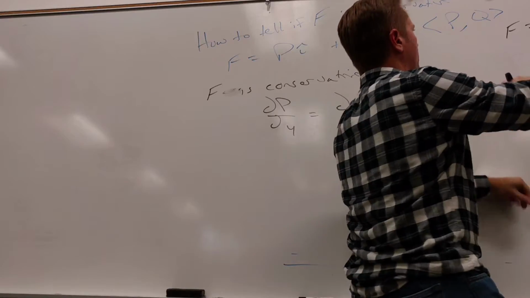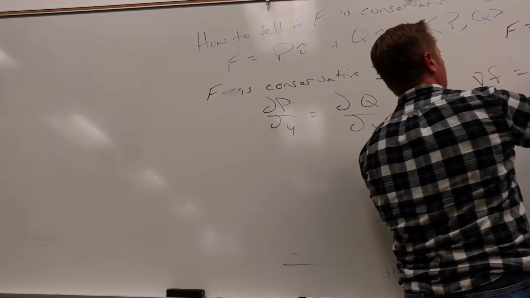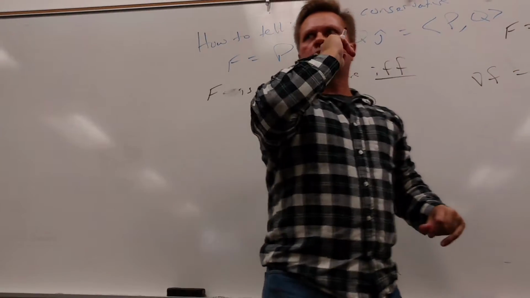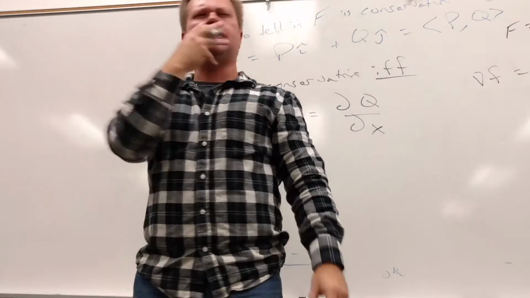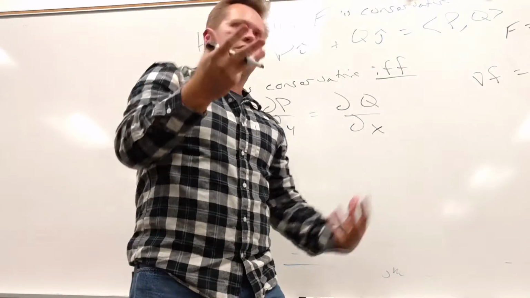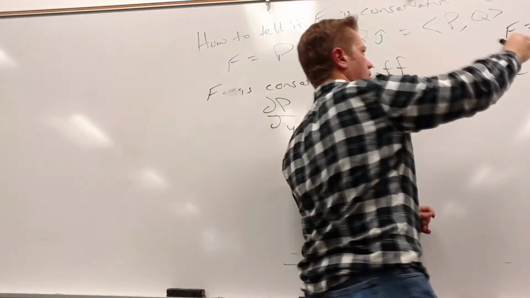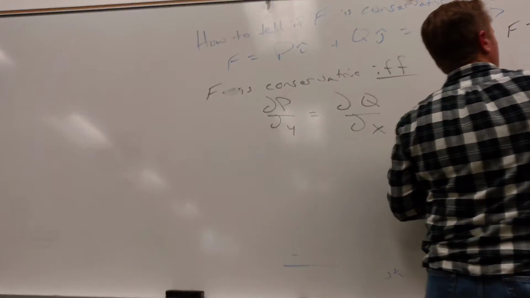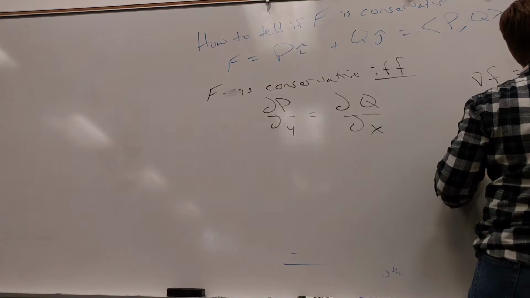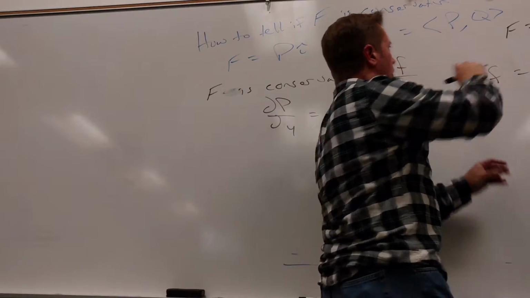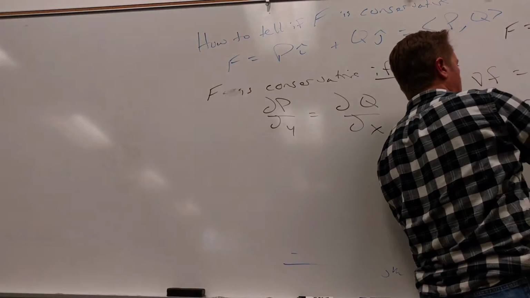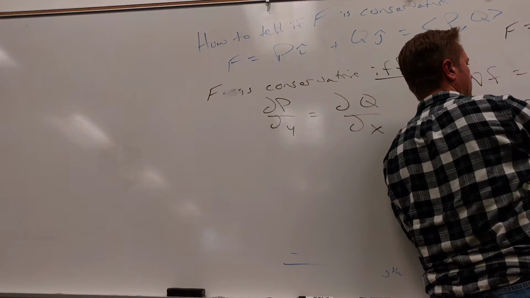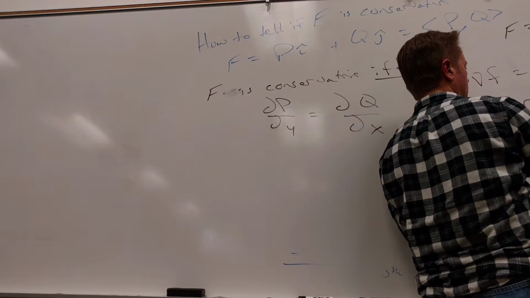So grad f equals F, right? What are the components of grad f? I keep saying delta, I know the symbol is nabla. It would be partial f with respect to x, partial f with respect to y. So if this exists, then that must mean that P is f_x and Q is f_y.